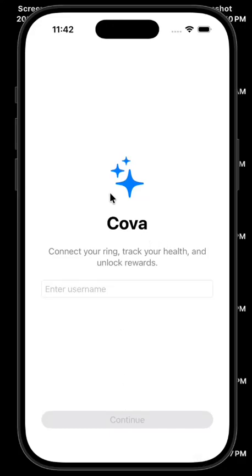So this is a fitness ring app, and basically what it does is I'm using a Calmy fitness ring where I'm pulling the data that comes off those sensors and having it display into an app.